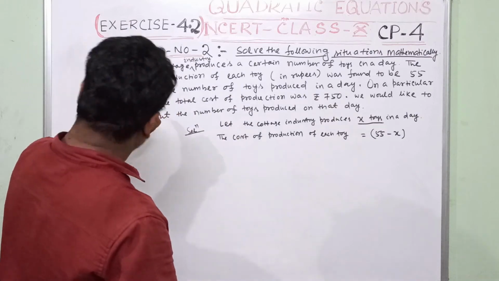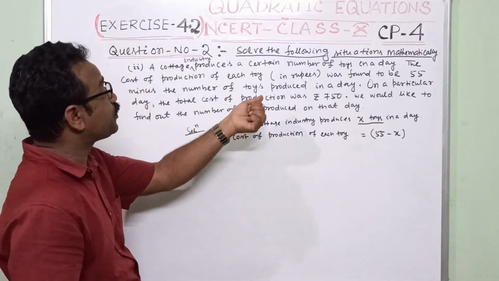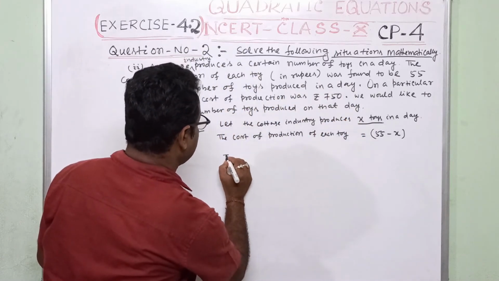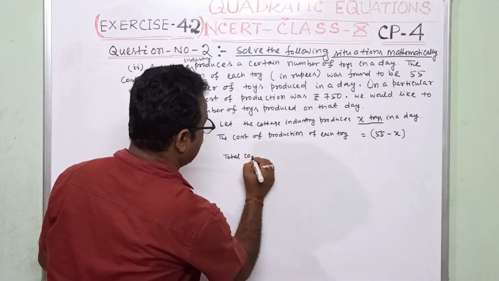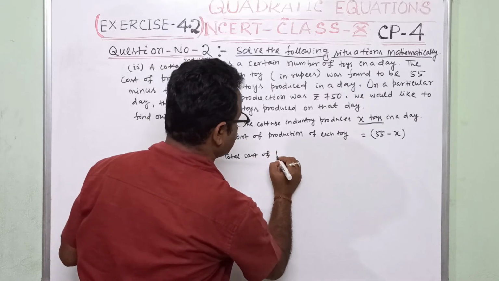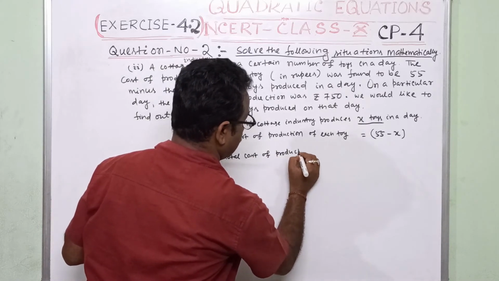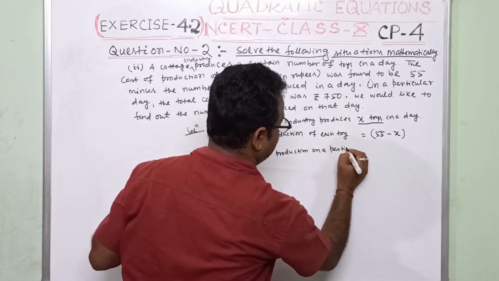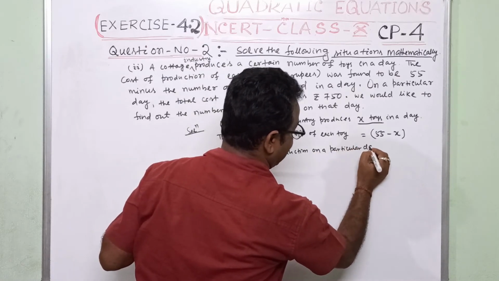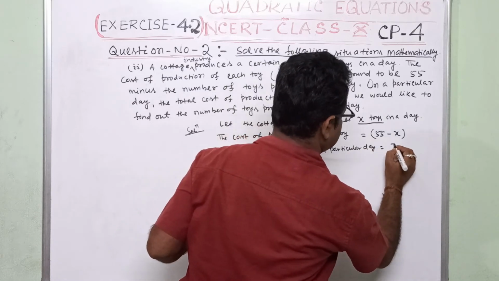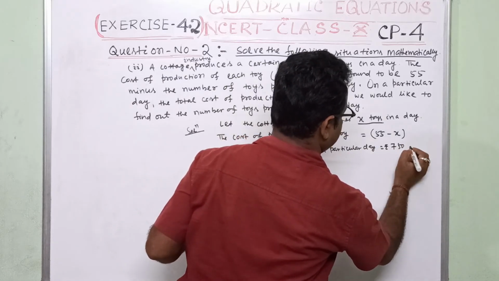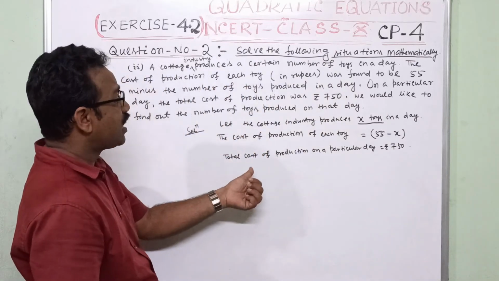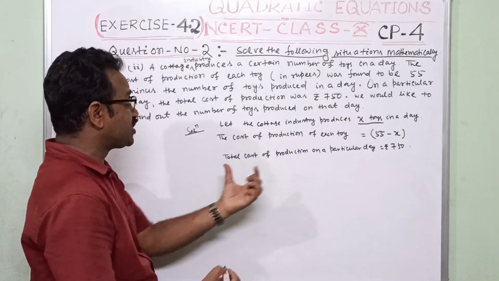Now on a particular day, the total cost of production was rupees 750. Now, total cost of production means, how to find out the total cost of production?